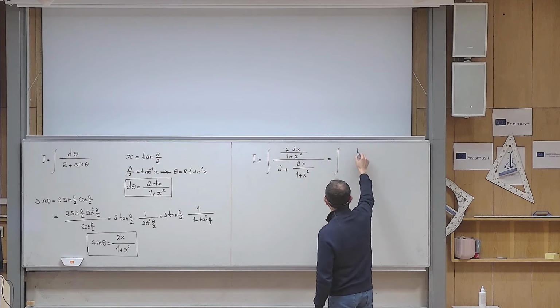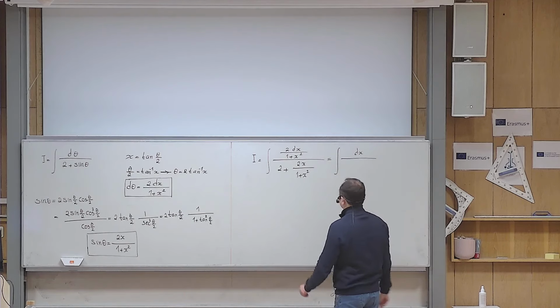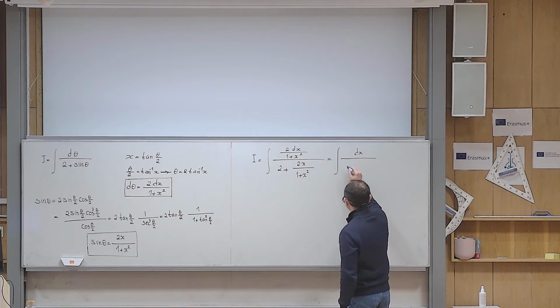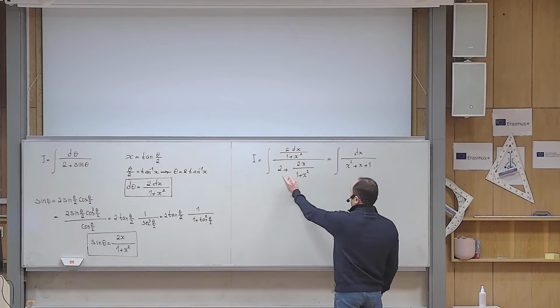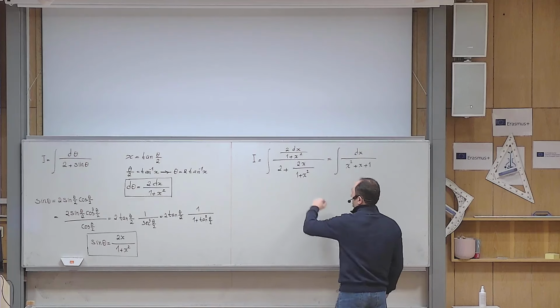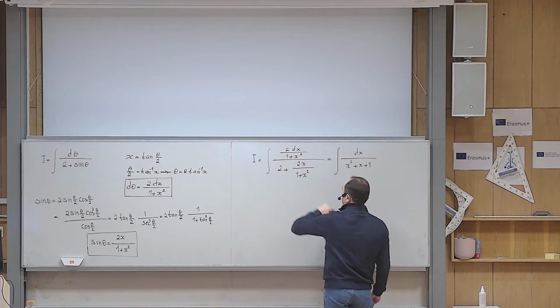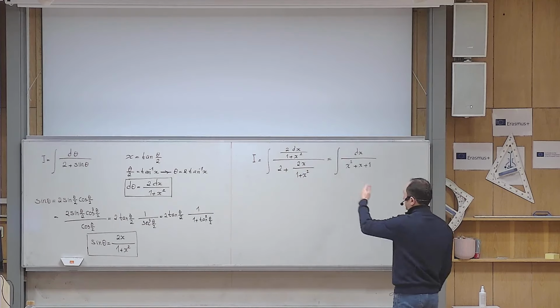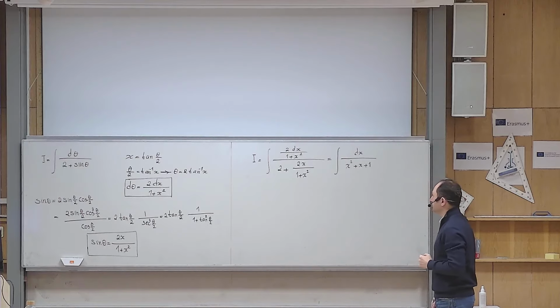The numerator just becomes dx. What happens for the denominator? Remember, 2 is gone, and I have multiplied by 1 plus x squared. So this 1 becomes 1 plus x squared, and then I have x there. If I want to write them in order, I would write x squared first, x second, and 1. So what I did, I just multiplied the numerator and denominator by that, factored the 2 out, canceled that 2, and then this will go here plus that 1. I wrote them in descending order of the powers of x.